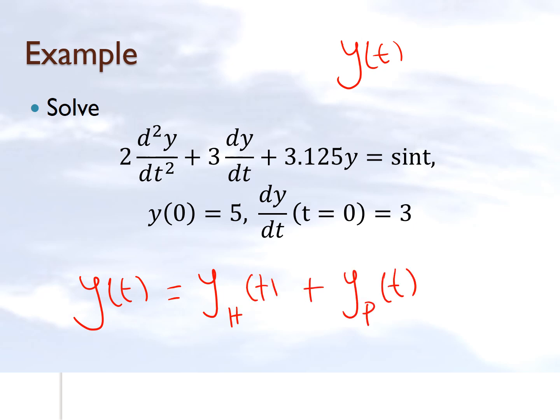The homogeneous part depends on the roots of the characteristic polynomial and it will have an exponential form. The particular part depends on the right hand side of this equation, which is a sinusoid, so we expect that the particular solution will also be a sinusoid, according to the schedule presented in the previous lecture.